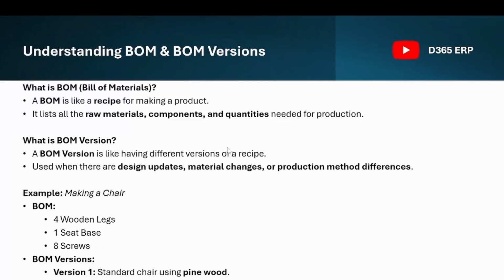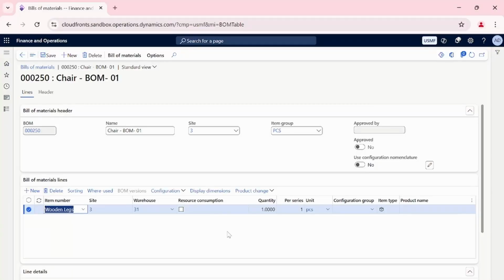As we discussed in our example, 4 wooden legs are required to make 1 chair, along with 1 seat base and 8 screws. So let's go to Dynamics. Here the quantity is 4. So 4 wooden legs are required per 1 series. Per series is the output, or final product, the number of final products. So one final product is created from 4 quantity.